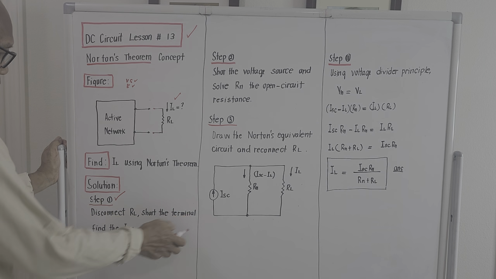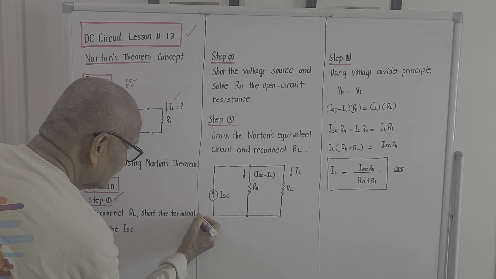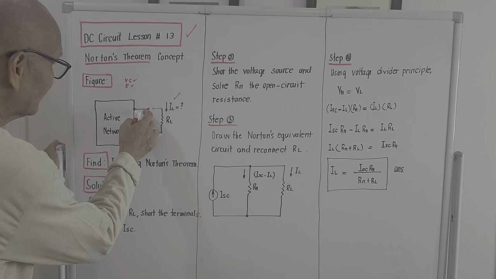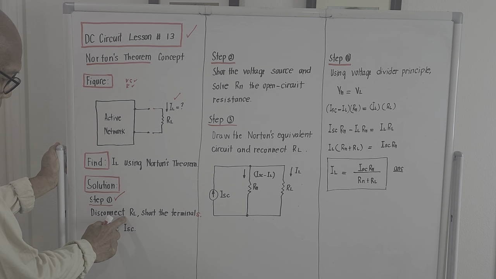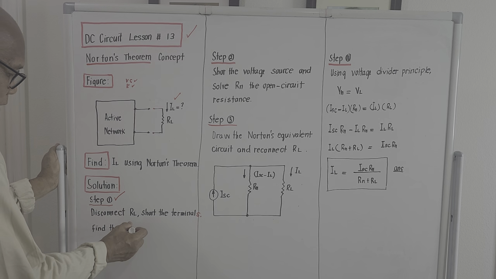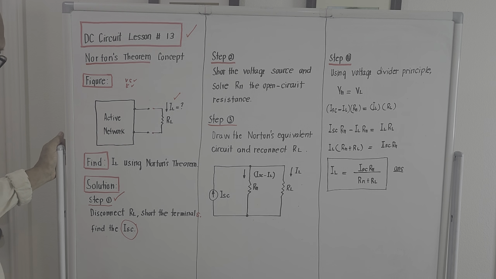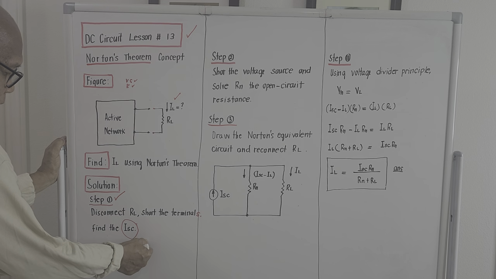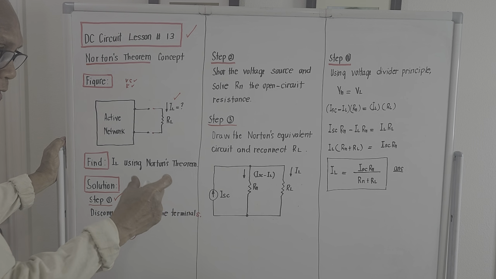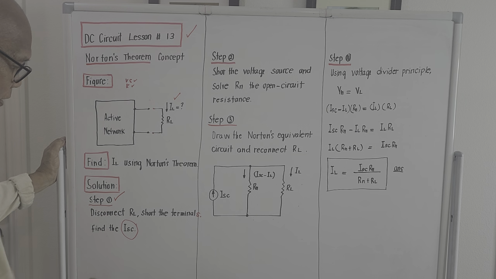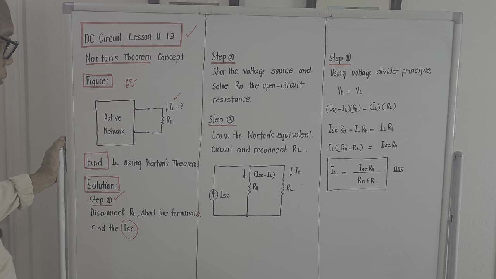Short the terminals. Then find the value of capital letter I with the subscript SC. This is actually termed as the short circuit current. This SC here is a subscript and this is capital letter I. So under Norton's Theorem, this is the so-called short circuit current. That is step number 1.